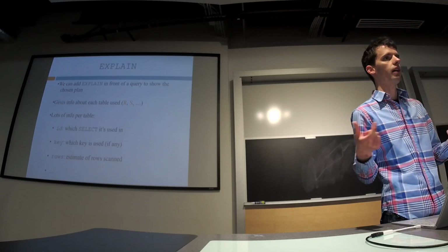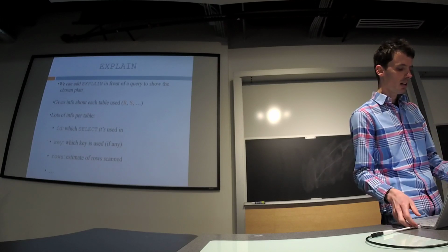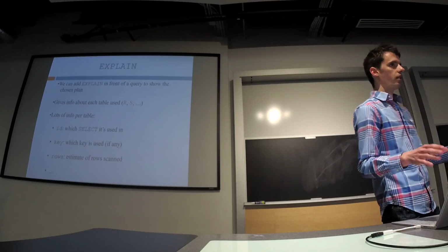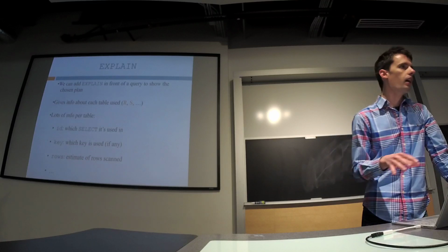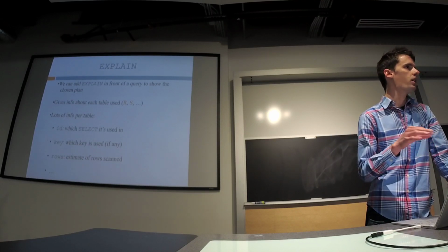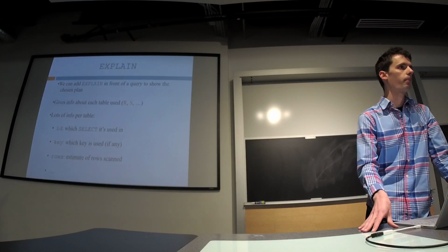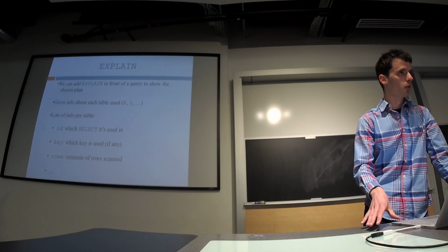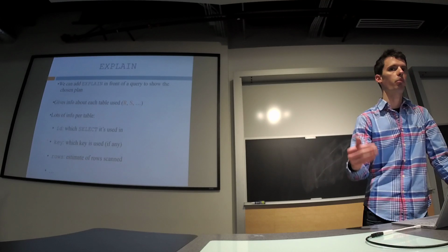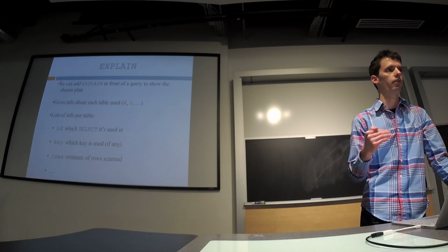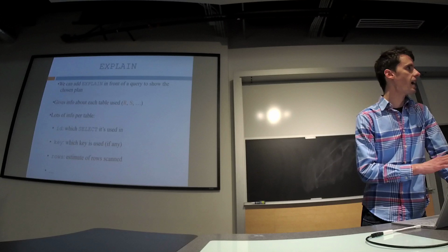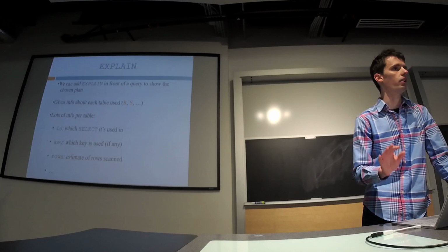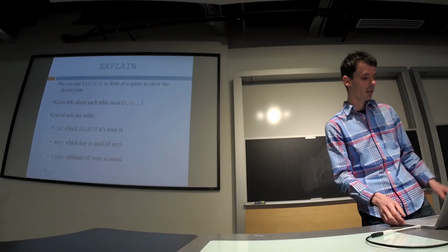So if you have nested selects, they'll have different IDs. There are lots of them. We're pretty much only going to look at a couple of the most interesting ones. Key, so that will tell you basically which index it's using. And rows is going to be an estimate of the number of rows in that level of the loop. And it is an estimate. Like, it can't actually know that without actually doing the query some of the time.